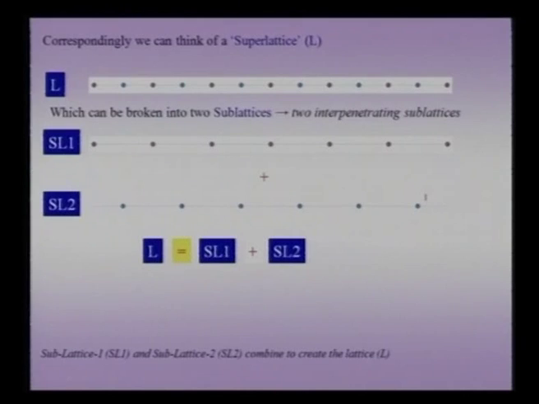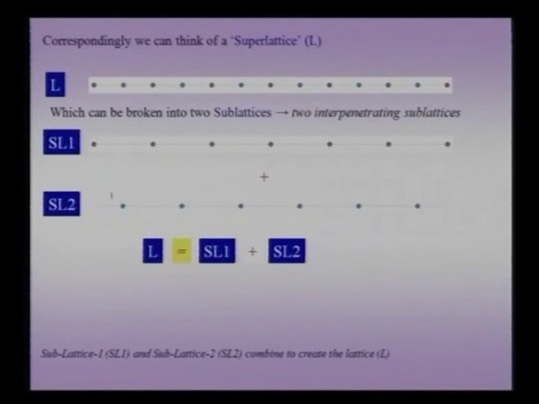In other words, this lattice can be considered as a superposition of two sub-lattices, sub-lattice 1 consisting entirely of brown points and sub-lattice 2 consisting entirely of blue points.